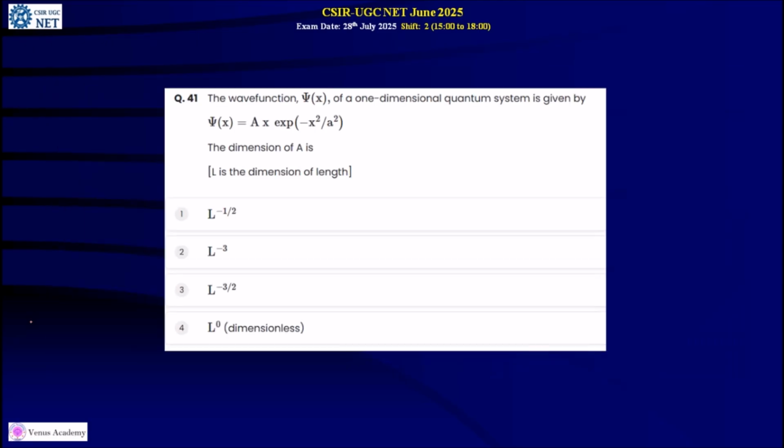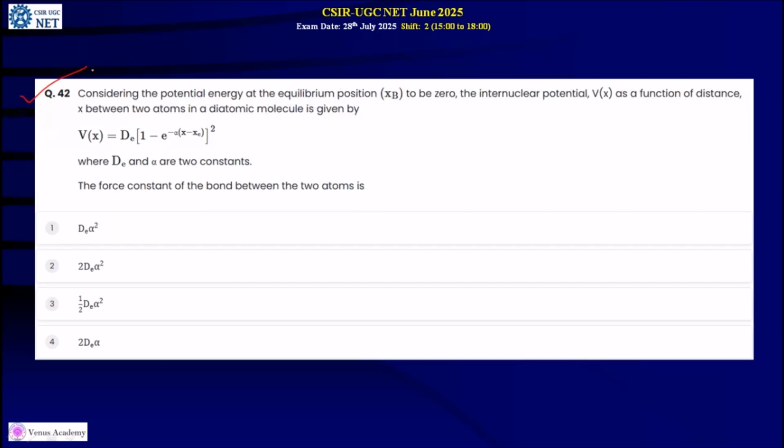Next, question number 41. The wave function of a one-dimensional quantum system is given by, the dimension of A is, let us take L as the dimension of length. So option number 3 is the correct option, students. Next, question number 42.